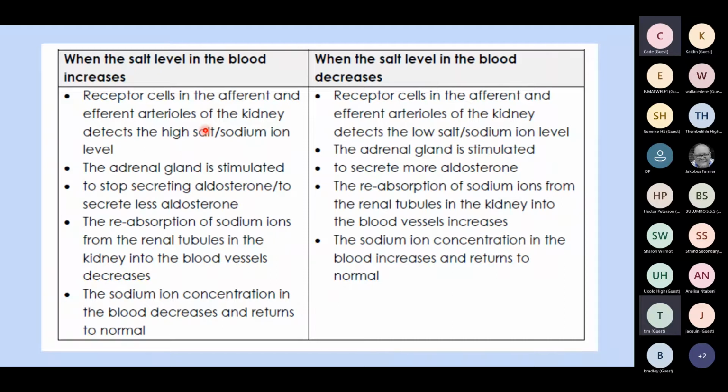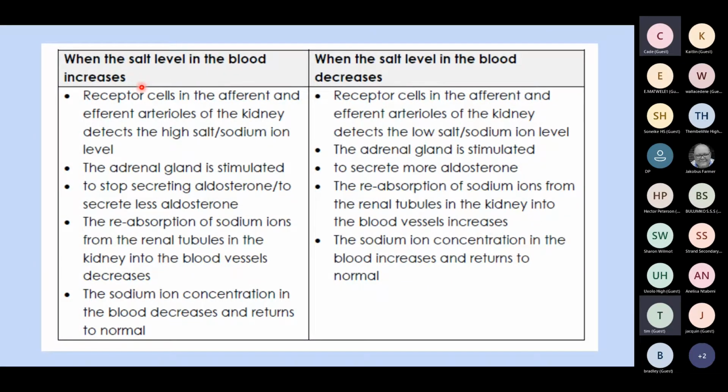The adrenal gland is stimulated. First, the receptor cells in the kidney detect the high salt levels, so high sodium, because we're going to talk about sodium ions the whole time now. Sodium ions, I'm just saying salt. So which gland? The adrenal gland is stimulated. The adrenal gland, which hormone will stop secreting? Aldosterone, or less aldosterone will be secreted. Look at the negative feedback, grade 12.